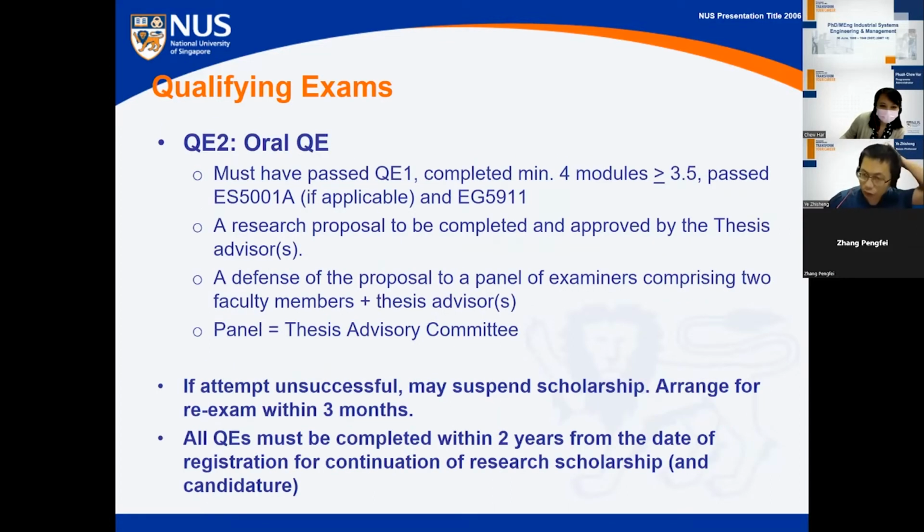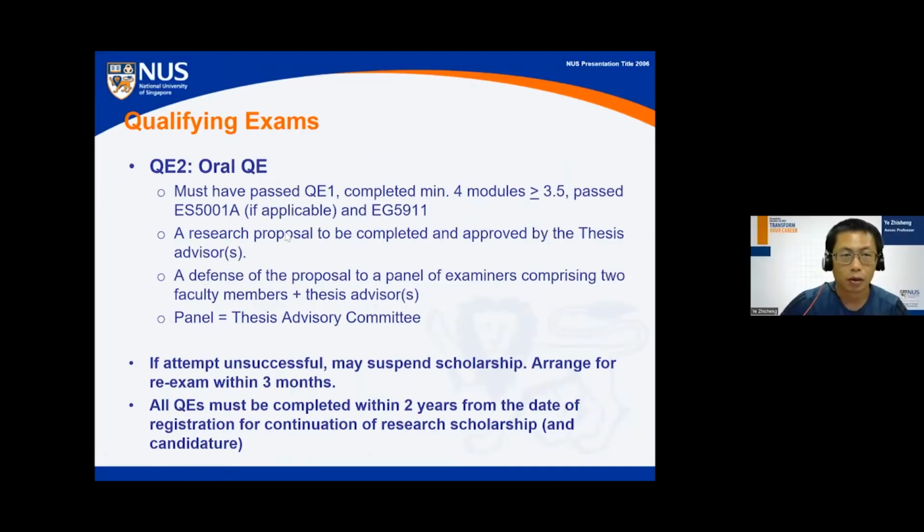QE2 has been quite standard in almost every department. For QE2, the requirement is that you need to pass QE1. And I think there's some typo here. You need to clear all the modules that you are required to take. Then you need to prepare a research proposal and present it to your thesis advisor and also your panel, which is called the thesis advisory committee.